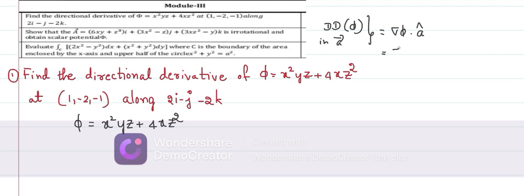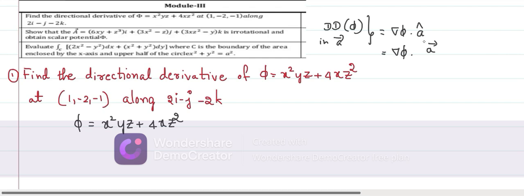What is that unit vector? It is the vector a divided by its norm. Right? Okay. So here in this question, first we have to calculate the gradient of phi.